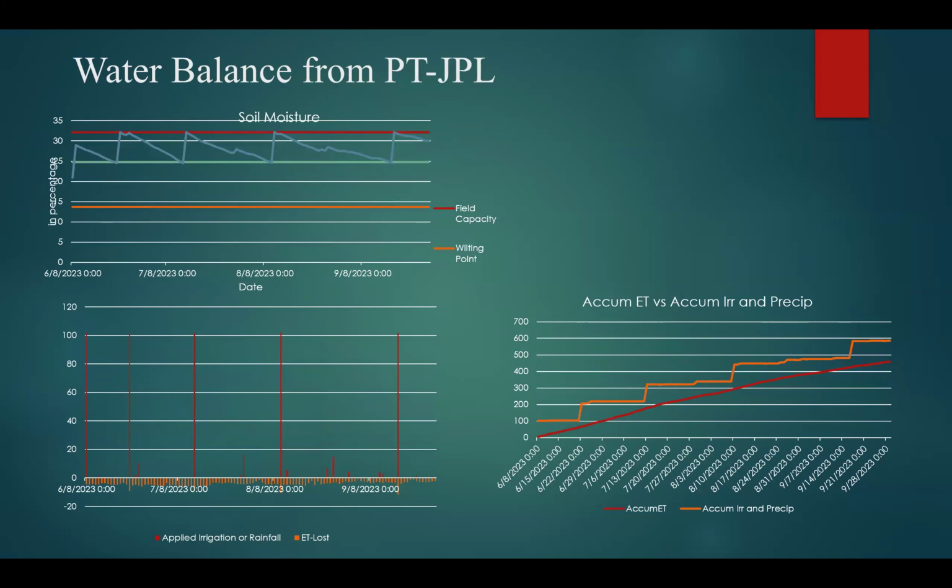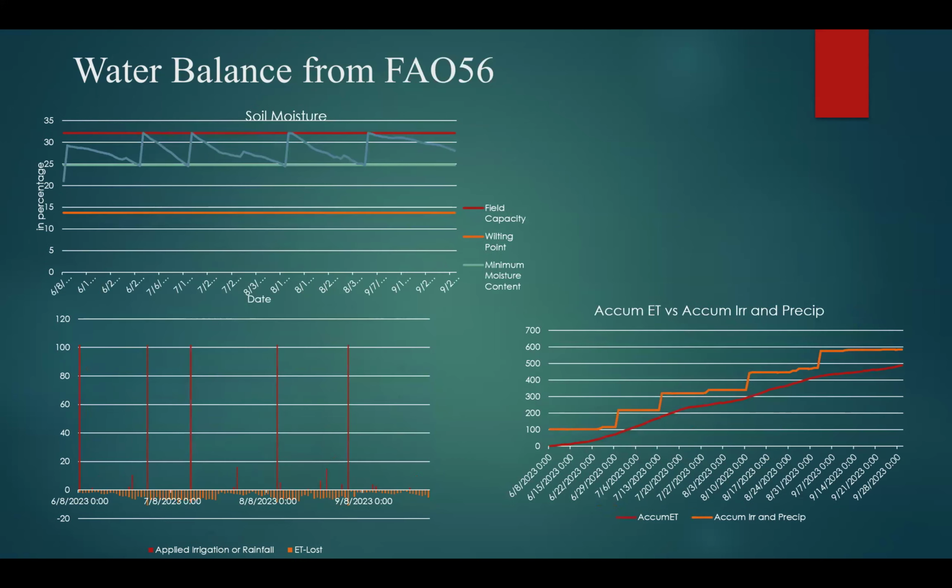Likewise, I also used the PT-JPL model from OpenET, and the one from FAO 56, by quantifying the crop coefficient and the potential ET from the Utah Climate Center, and this is the actual ET after multiplying the crop coefficient and the potential ET.